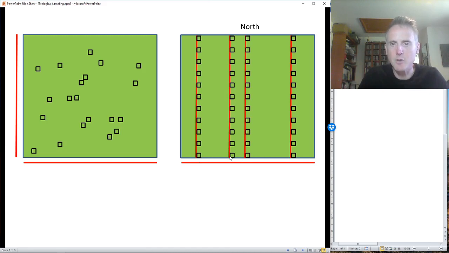I lay my tape measure at 90 degrees to the first, or perpendicular, and I'm placing my quadrat at predetermined distances. And then I'll use the same technique that I would over here, either percentage cover or count the number of individuals. Once I've got that data, I will then do another transect using my quadrats.